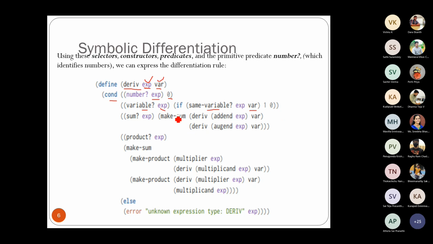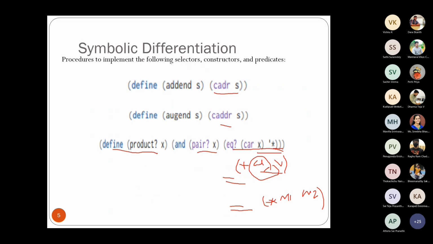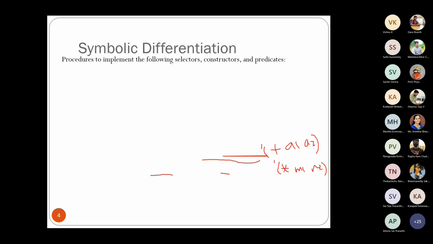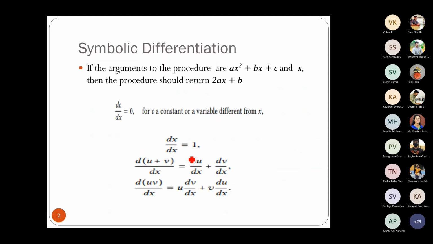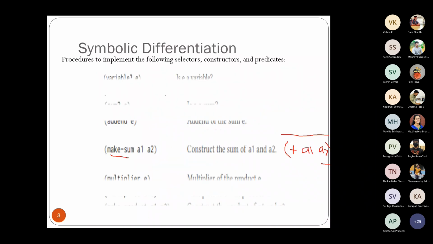Okay, next one is we are moving on to the sum. Given an expression, you have to create a sum. After all, what we are doing is we want to perform a differentiation of sums, right? Some variables. So this expression we know, that one we are implementing.